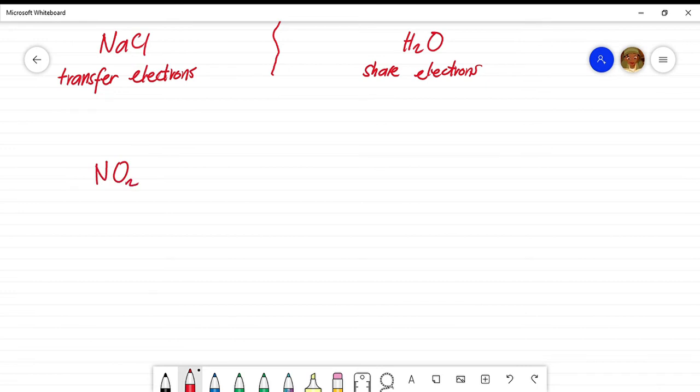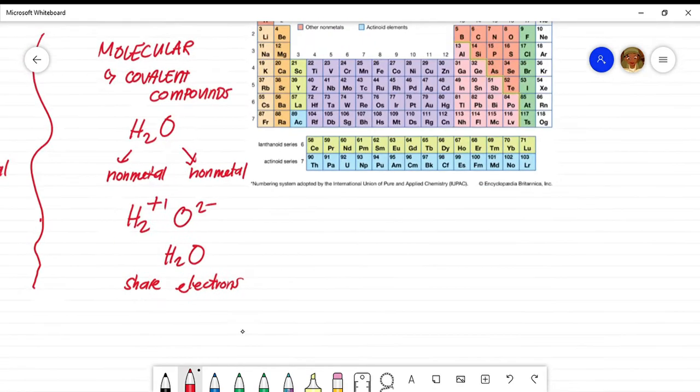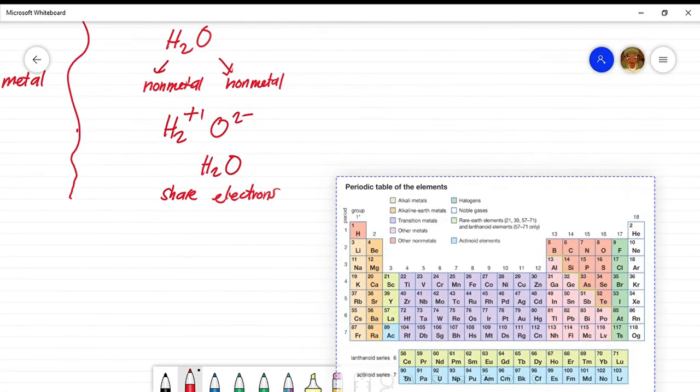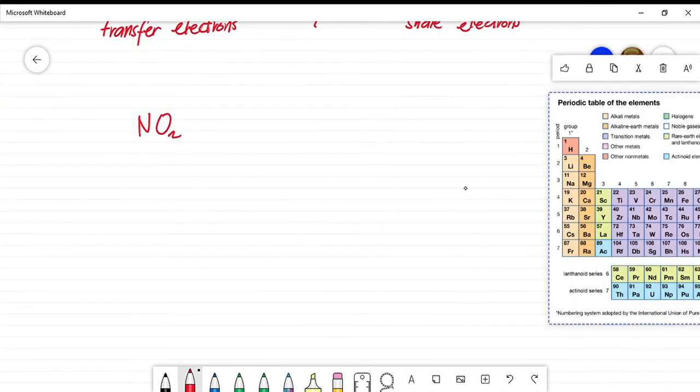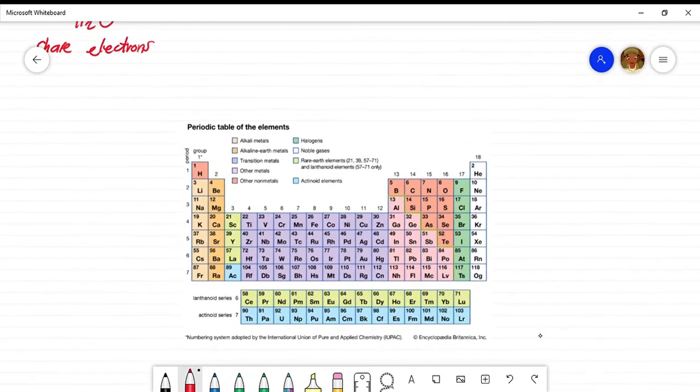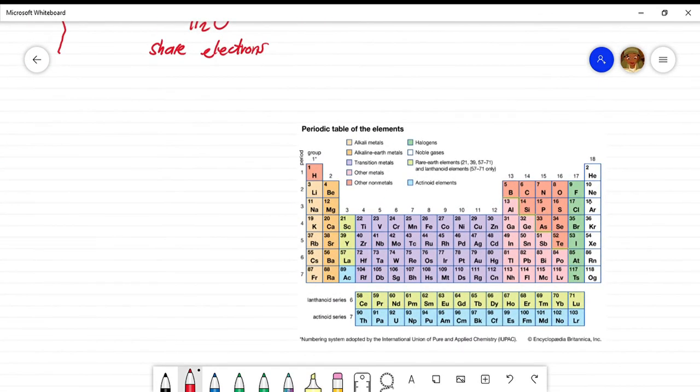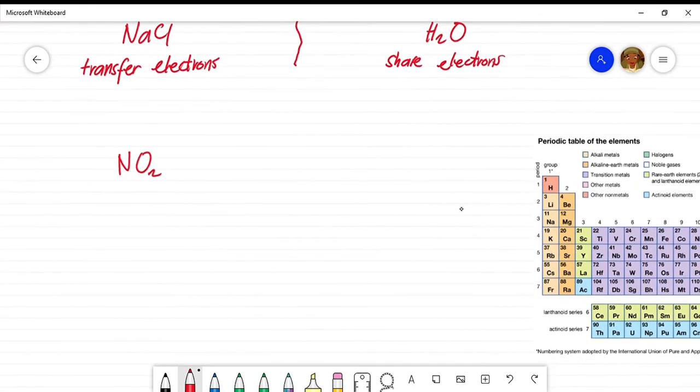If you're not familiar with all the elements, you can always use your periodic table. We know that nitrogen is a non-metal and oxygen is also a non-metal. So this one is non-metal plus non-metal. Therefore, it is covalent.